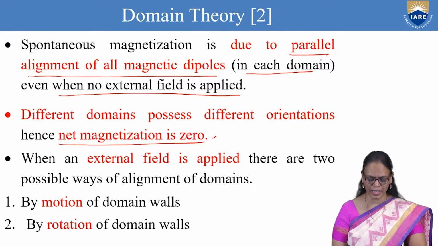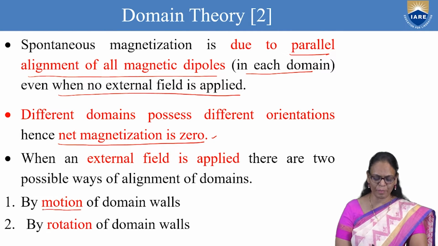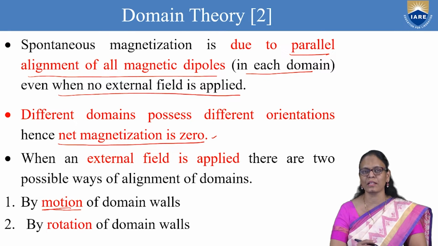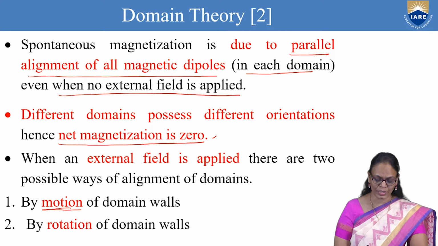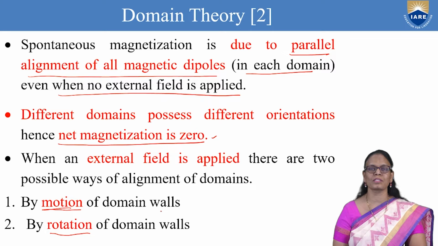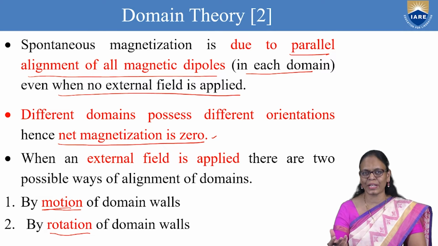The first possibility is that there may be motion of the domain walls. Or there may be rotation of the domains. These 2 possibilities may occur whenever we place the material in an external field.